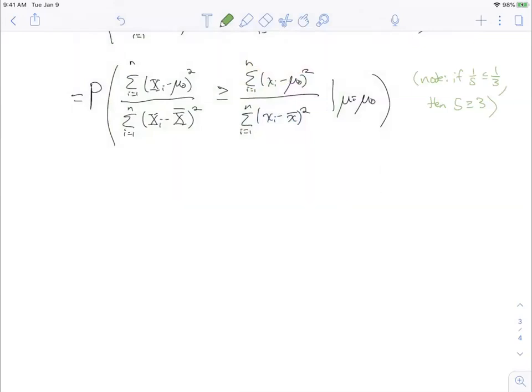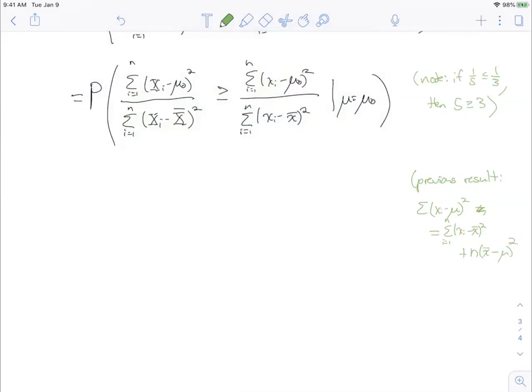So the previous result that I'm about to use is that if I have a sum like the one in the denominator here, or in the numerator, a sum of xi minus mu squared, this is equal to the sum of xi minus x bar squared plus n times x bar minus mu squared.